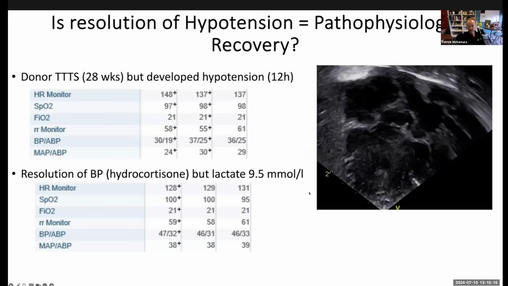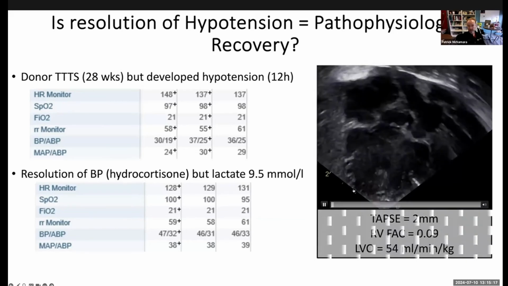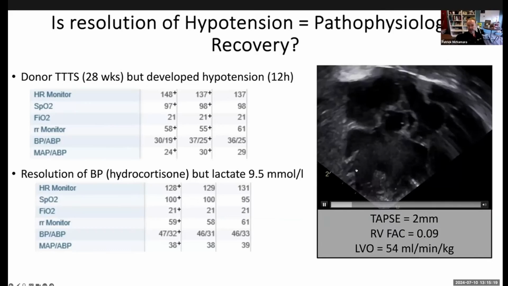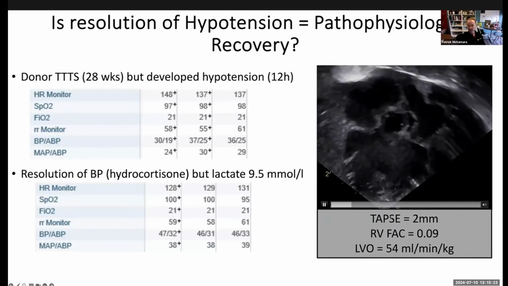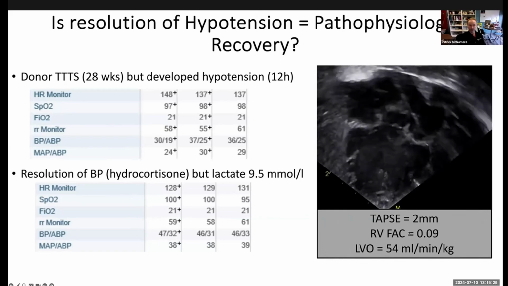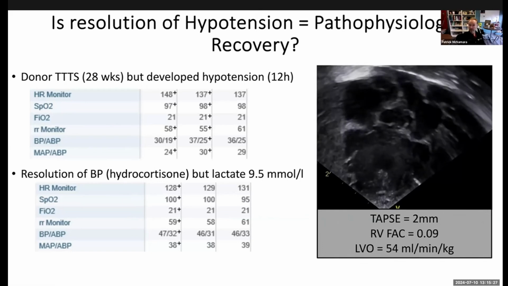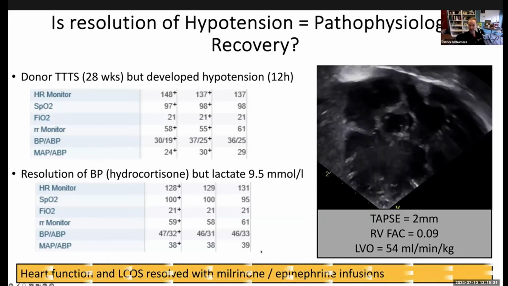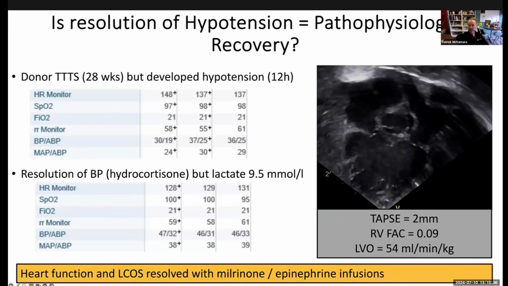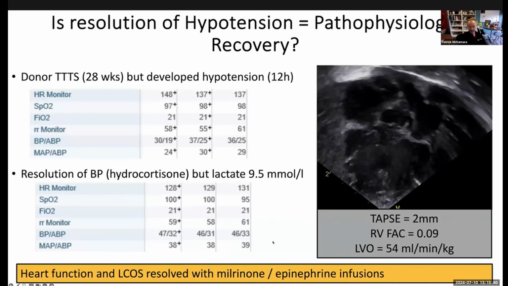So an echocardiogram was performed, and you can see here that this infant had evidence of fairly significant RV dysfunction, and the quantitative measures were very abnormal. So recovery of blood pressure doesn't necessarily mean that the underlying physiology has recovered. We transitioned this baby to a more physiologic approach to therapy with milrinone and low-dose epinephrine, and the infant recovered.